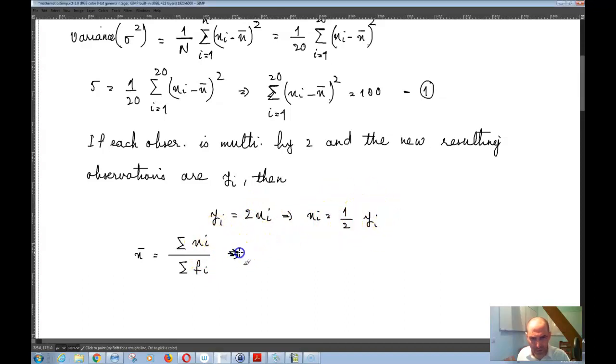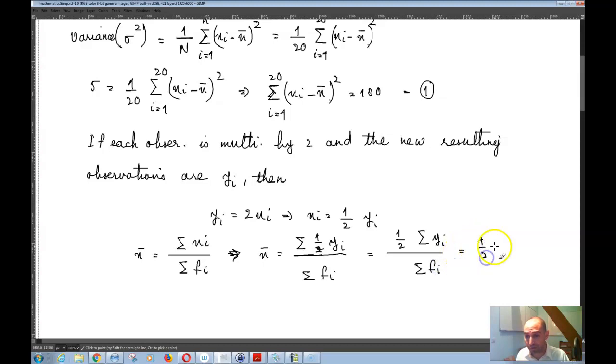Let's see if we can get some sort of relationship between x of I and y of I, and let me see what we get here. So then basically over here, x bar is going to be equal to sigma 1/2 y of I over sigma f of I, which is equal to 1/2 times sigma y of I over sigma f of I, which is the same thing as 1/2 times y bar.